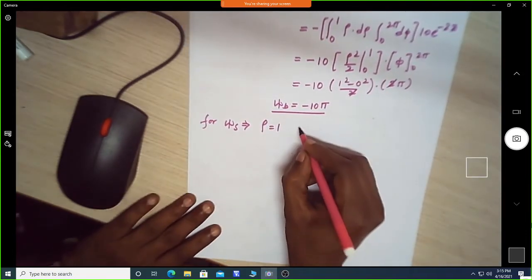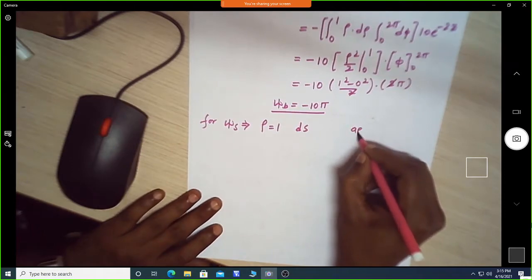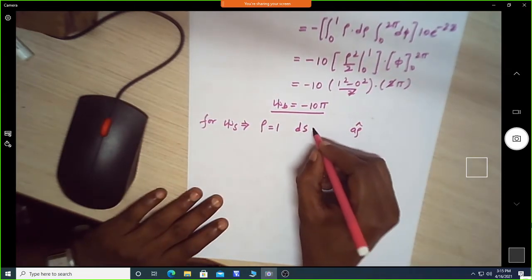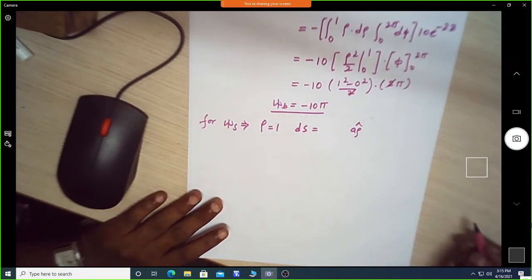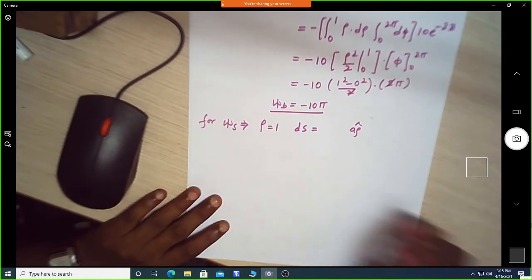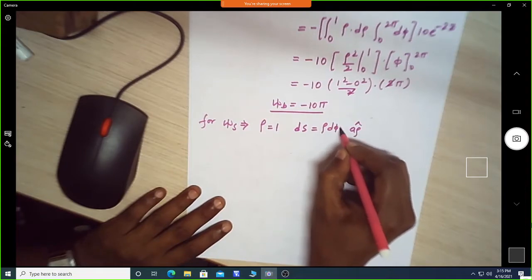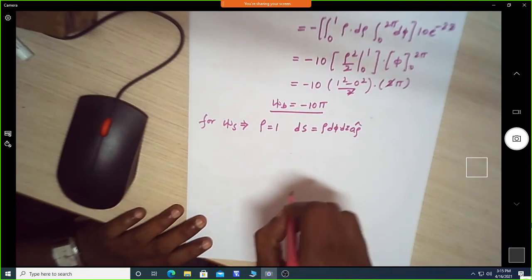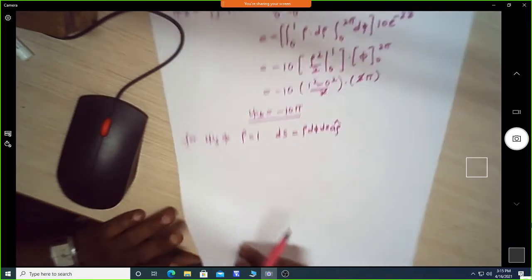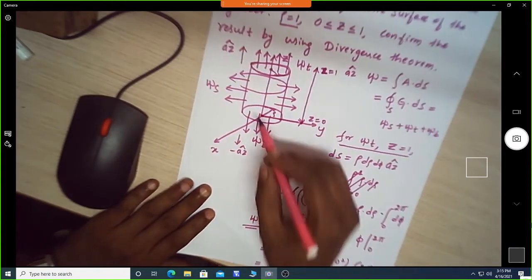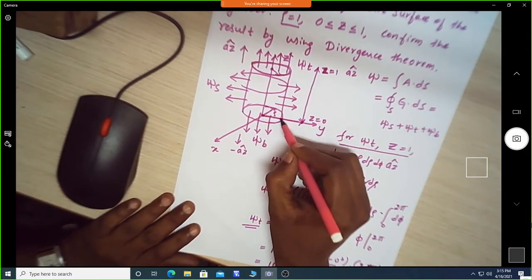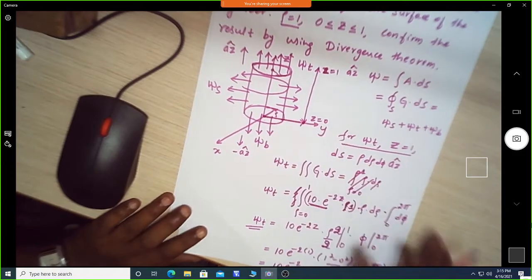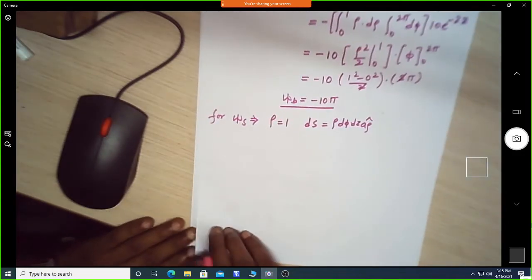Now what is the differential surface in the direction of the arrow, that is, in the direction of rho? It is rho d phi into dz, since there is a phi variation, an angle, and there is a z variation. Now this is a differential surface.